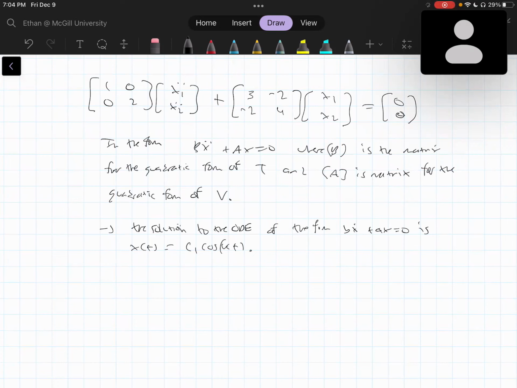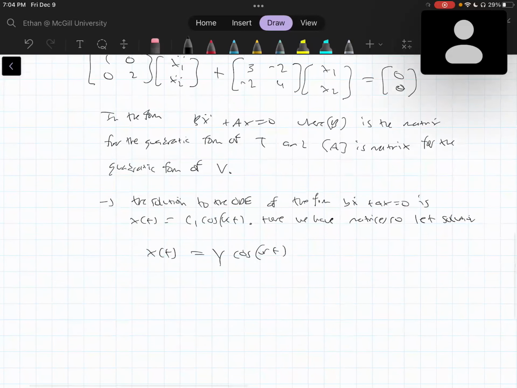In our case, we have matrices, so we let the solution be x of t is equal to y cos omega t, where omega is what we're looking for. That's the natural frequency of our system. And where y is a constant vector.